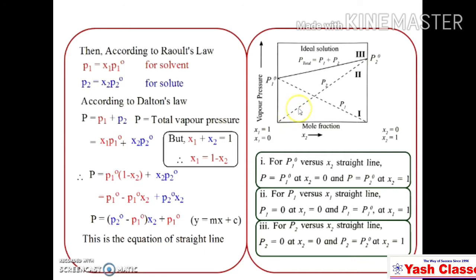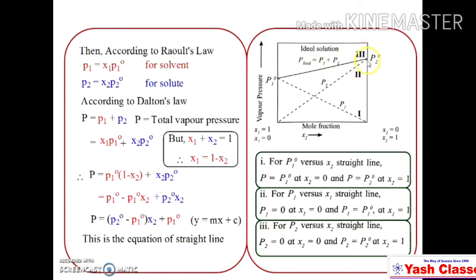Now along the x-axis, as the value of x2 increases, the value of P2, that is the partial pressure of A2, increases steadily, and at this point there is a maximum partial pressure of A2.